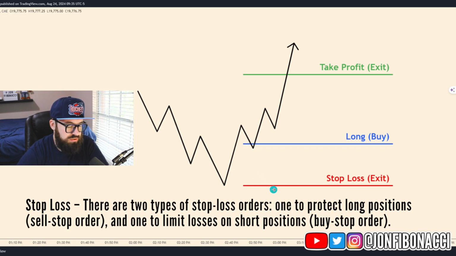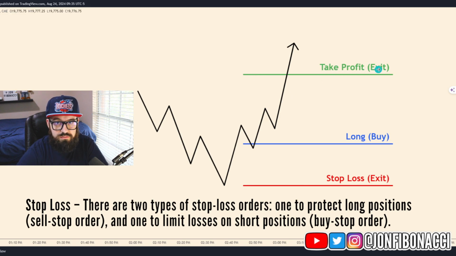Okay, there would be a sell limit up here. If I'm buying here and I want to sell it as it goes up, this would be a sell limit. Sell stop is below the market and a sell limit is above the market. And that sell limit is going to be the take profit.